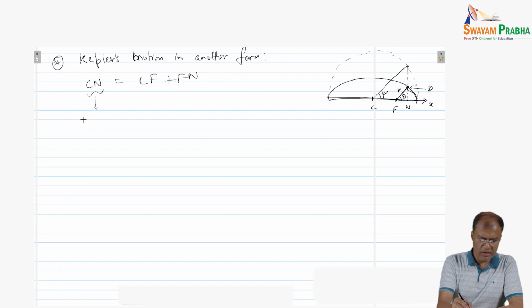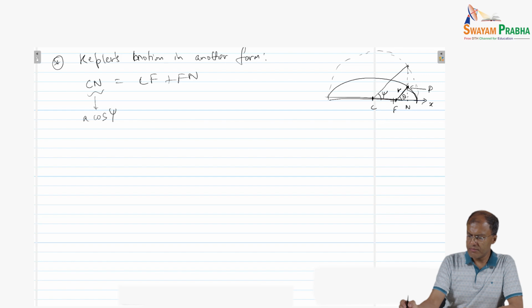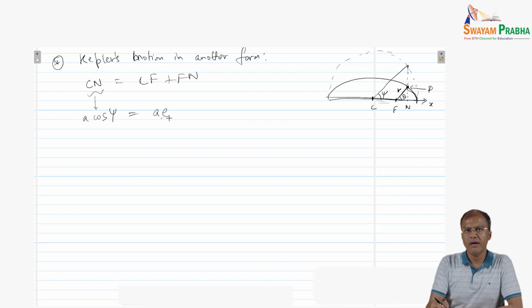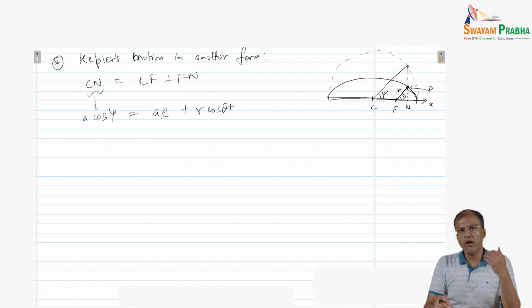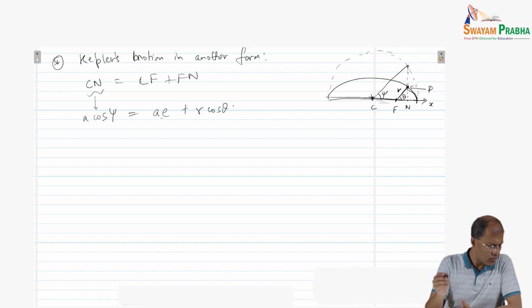My CN is a cos psi, and my CF is nothing but a times e, so that is my distance of the focus from the origin, and FN is r cos theta, right? So all in all, I'm trying to rewrite the equation of the ellipse not in the form of theta but in the form of the angle psi from the center, right? So that is what we are trying to achieve.